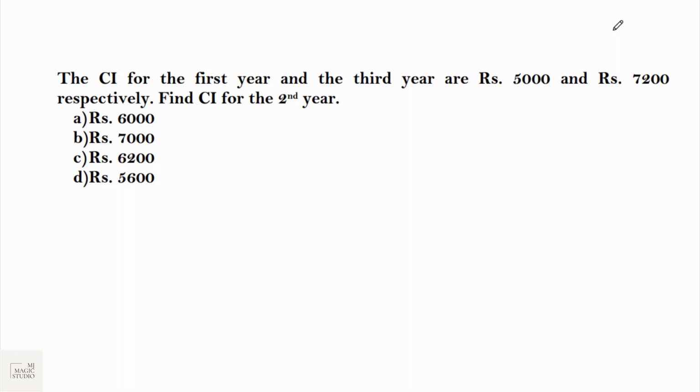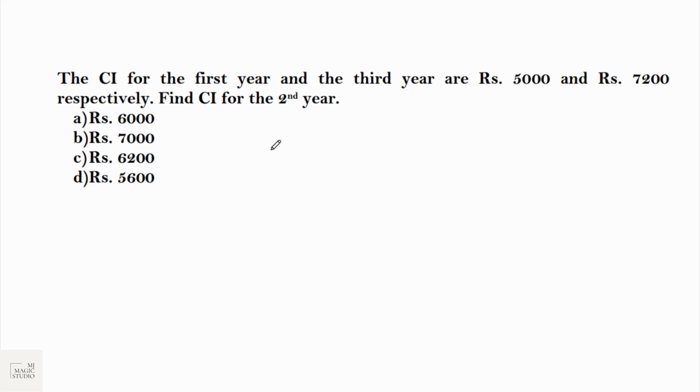A take on interest, let's see what it is. The compound interest for the first year and the third year are 5,000 and 7,200. What is the compound interest for the second year? We are not talking about the total compound interest collected in those years.